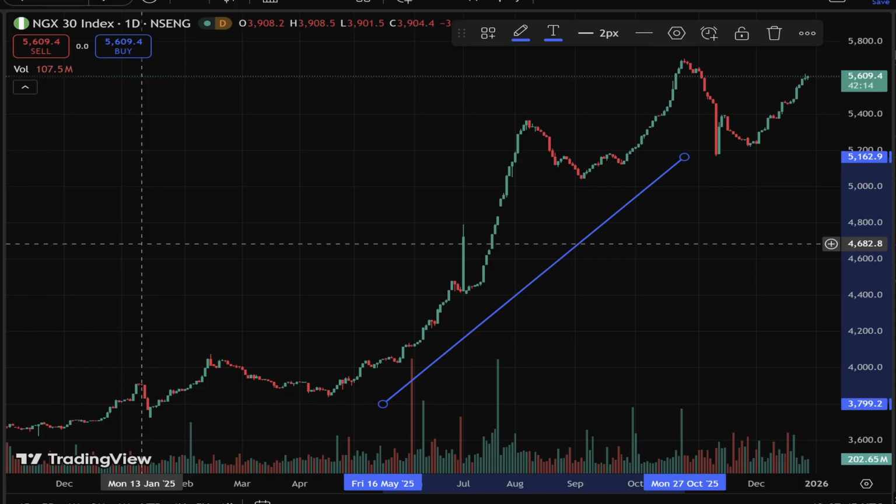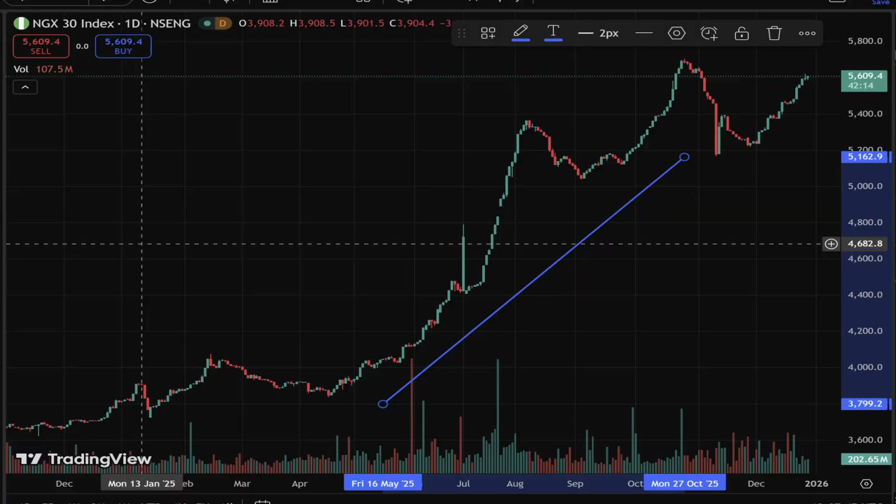We saw the price going from 3,800 naira up to about 5,600 naira, almost a 2x price range in just 1 year, right? So you can see the value of this market really went up.